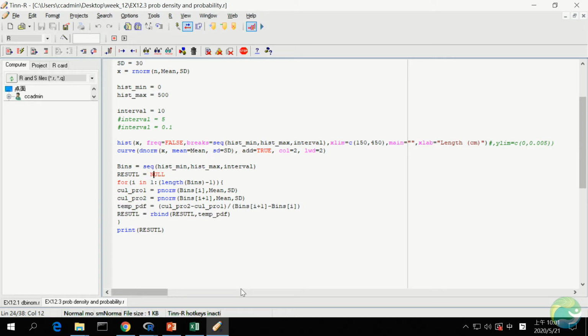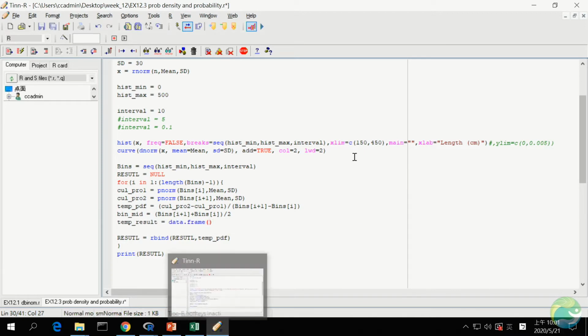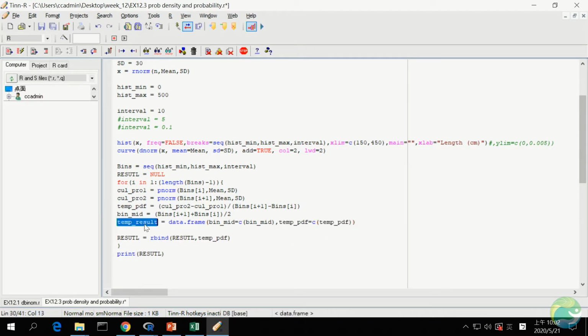So here I'm going to make it more beautiful. The median bin is this one, divided by 2. Okay, let's try this.